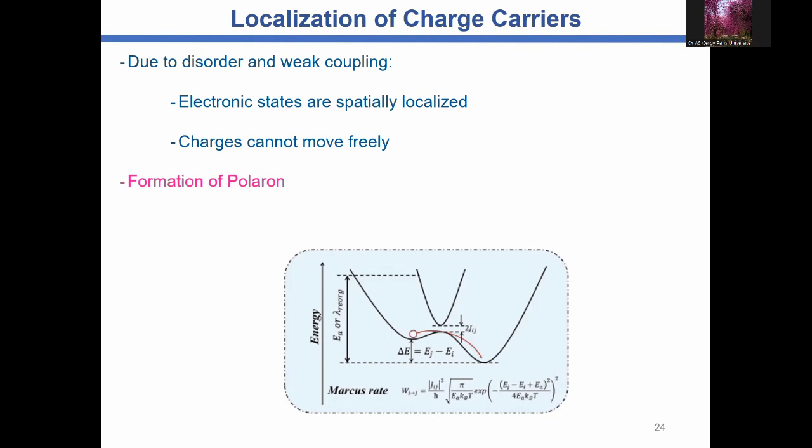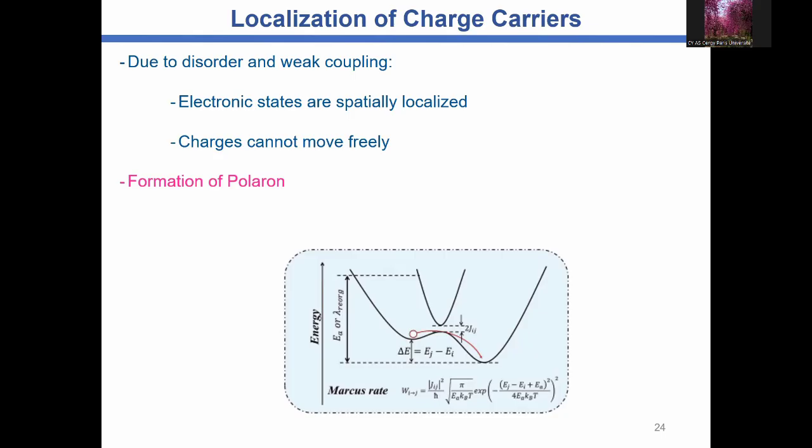So we have formation of polarons, which are quasi-particles formed between the electron and the morphology of the organics. Because they have these very well localized states, they have a very high influence on the morphology of the material.